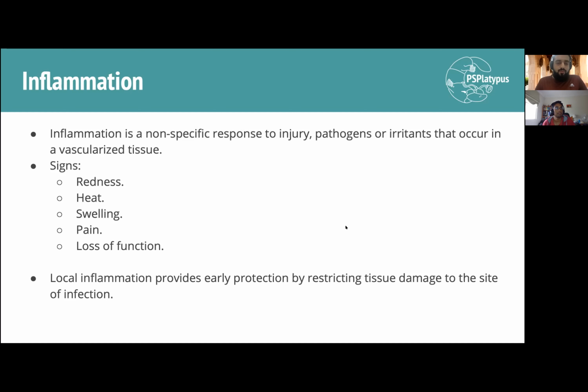We also went through that in week 6, just as a reminder. And local inflammation actually is a good one, because it prevents the damage from spreading to other sites in our bodies.